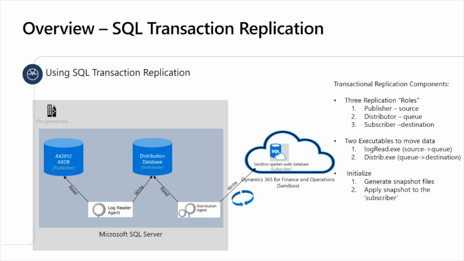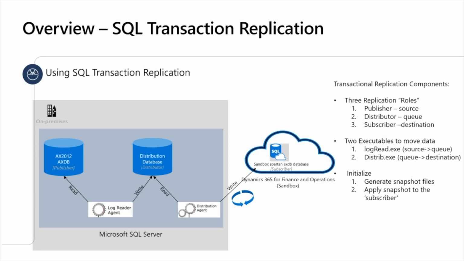Then we have distribution agent. It's an executable that moves the snapshot and transactions from distribution database tables to destination table at the subscriber, right? So therefore, it's reading from my distribution database and writing it to subscriber, right?